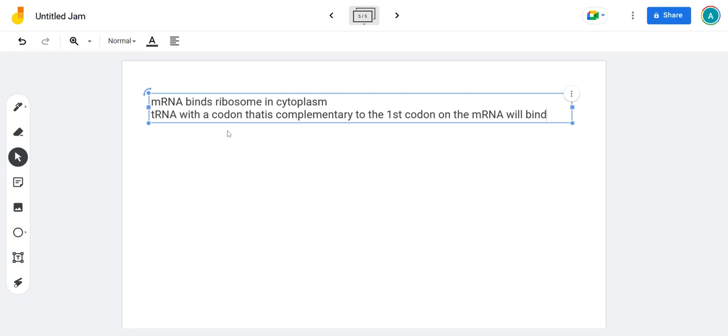Okay, so you've always got to mention that the tRNA has anticodons and the mRNA has codons. So you've got to get all those words in. So the tRNA with an anticodon that's complementary to the first codon of the mRNA will bind using complementary base pairing.